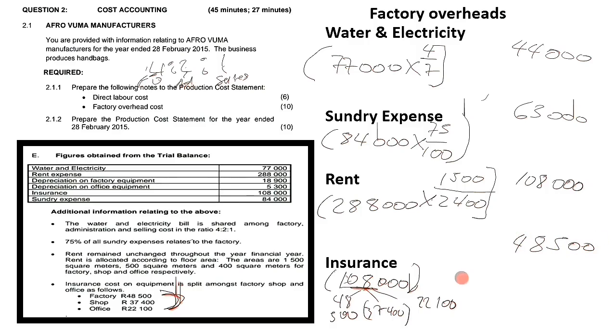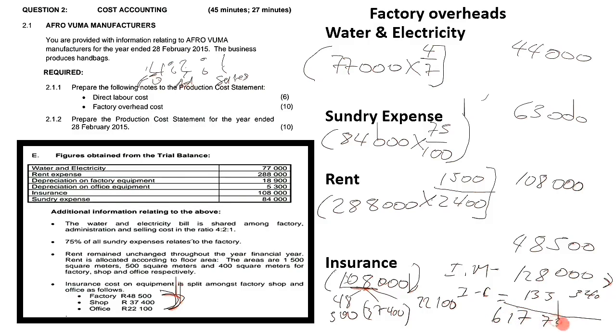Again guys, on my answer book we have indirect material amounting to 128,000, and we also have indirect labor amounting to 135,340. These 2 amounts are given on our answer book. So when we add up our total factory overheads, it's going to be 617,740.